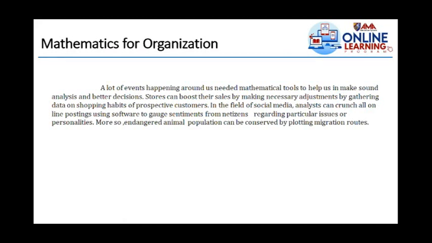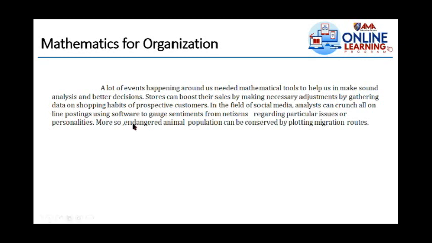So you can route or plot ang migration route para hindi sila maubos. So parang i-migrate mo yung mga animals na yun para hindi maubos yung population nila. So pwede din yun, no? You are routing, you are plotting it on a map kung saan mas safe yung mga animals na yun. Okay?